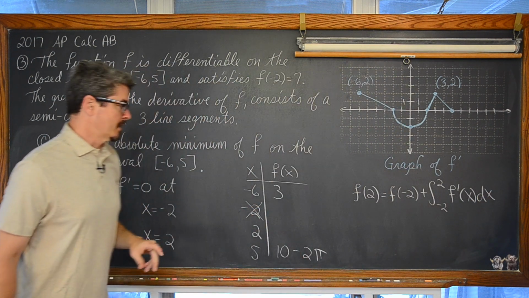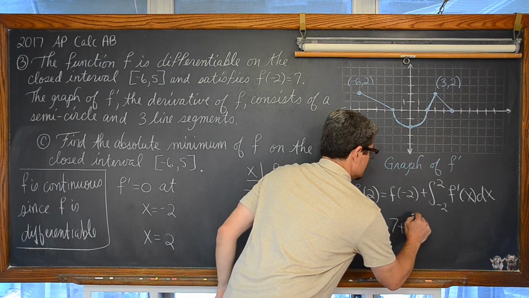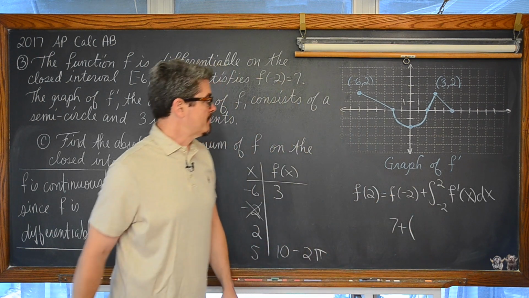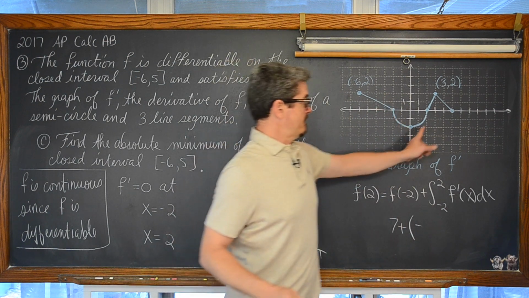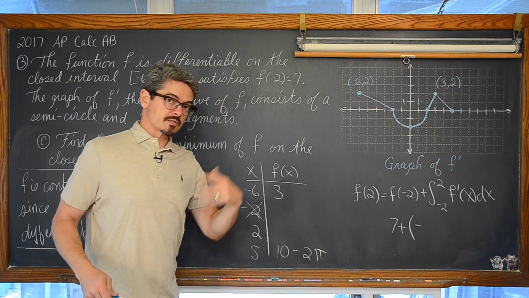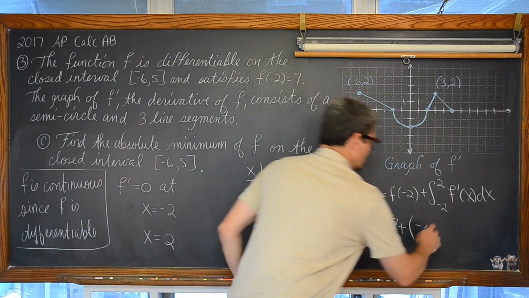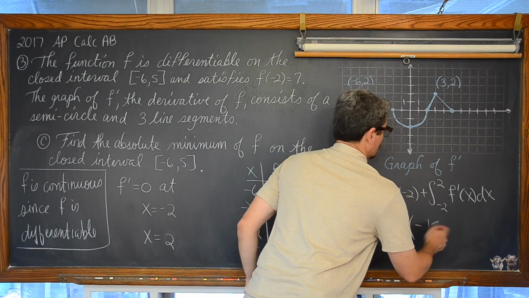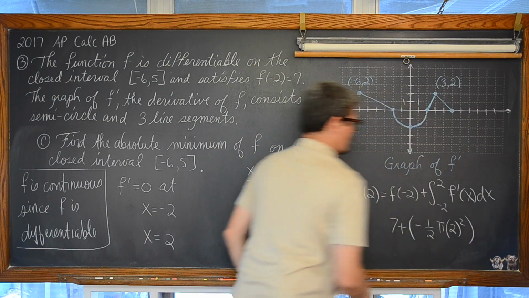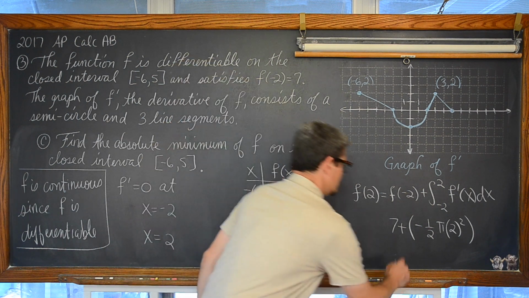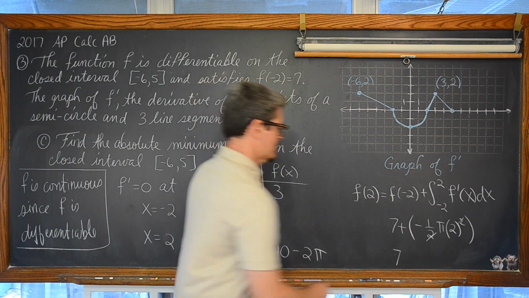So that net change theorem again. So we have 7 plus, and again that common geometric region, negative, because these y values are below the x-axis, giving us a limit of sums which is a negative value, -1/2, because it's a half circle, pi r squared. So we're looking at 7 minus 2 pi.